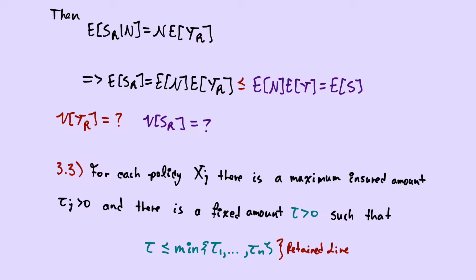It is only a comment. You can check that this new expected value, the expected value of the amount that the reinsurance company will have to pay in this model, is less than or equal to the expected value that the insurance company would have to pay without reinsurance. This is very obvious because the reinsurance company will not pay more than the insurance company would have to pay without reinsurance.